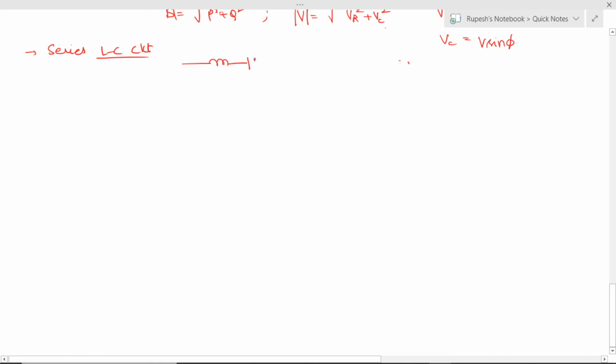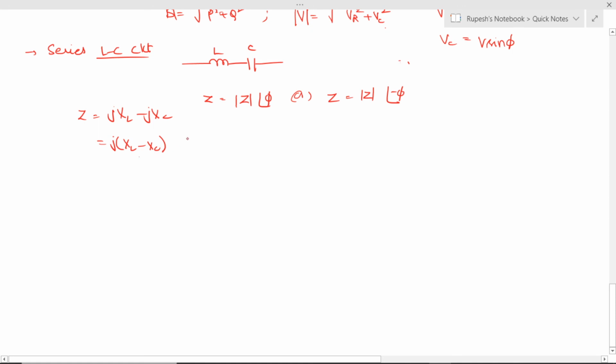It is a combination of L and C. L is here and C is here. The impedance here is given as mod Z angle phi, or Z is mod Z angle minus phi. Why? There are two cases. The resultant impedance is the combination of jXL minus jXC. That is j into XL minus XC.